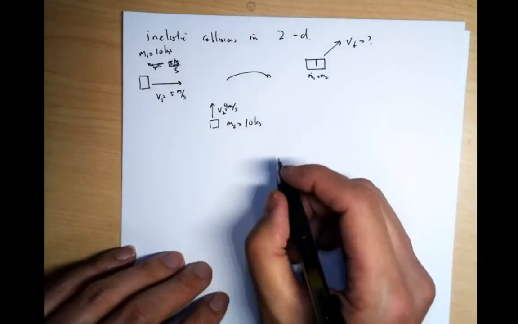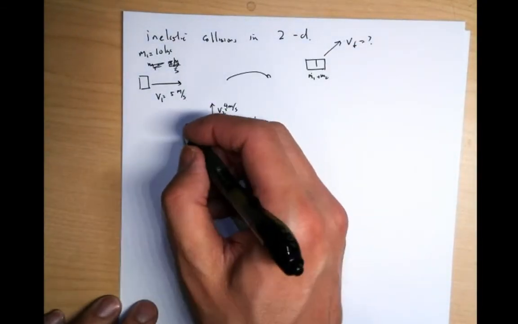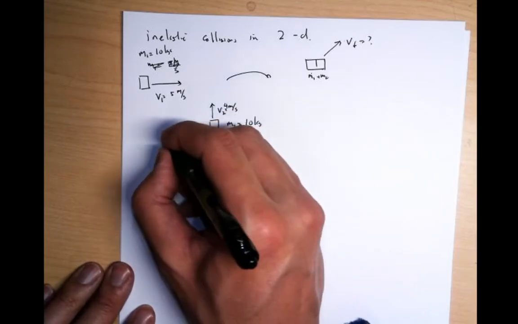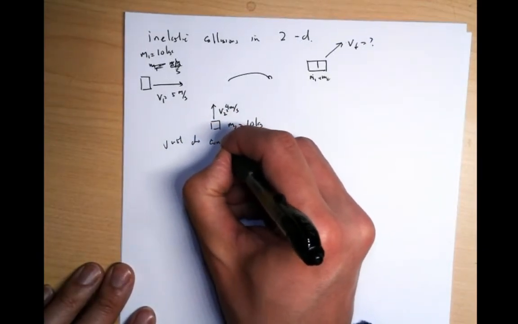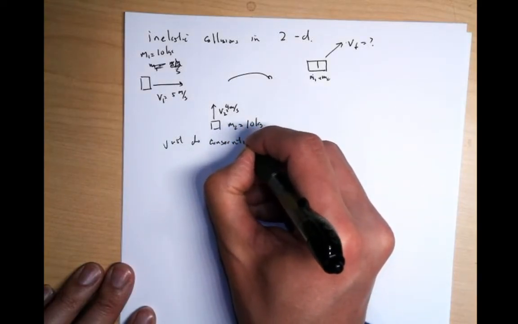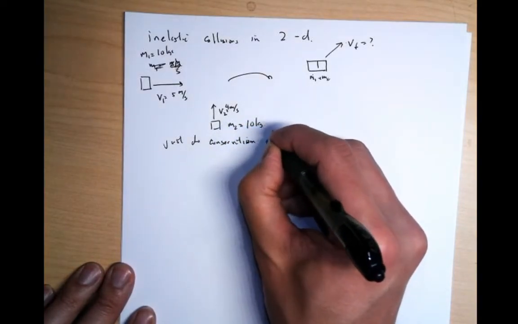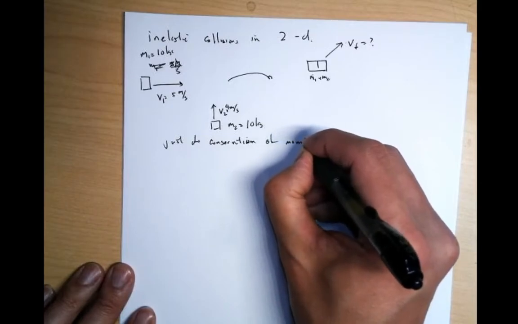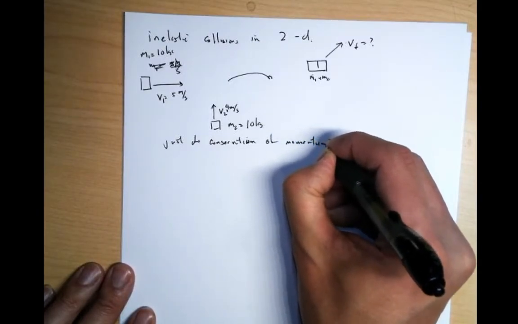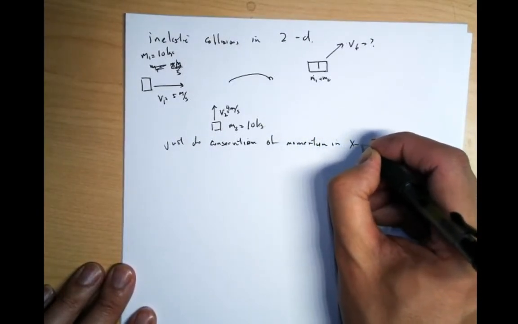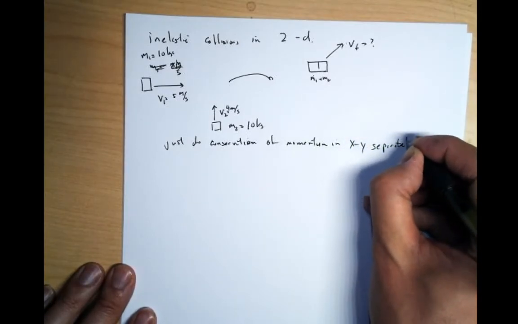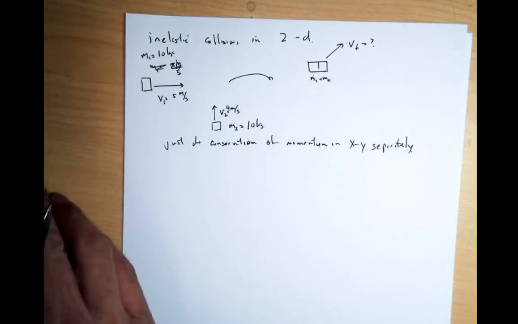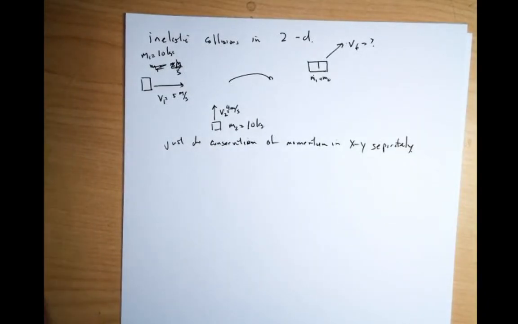In 2 dimensions, you just do it by component: conservation of momentum in X and Y separately. Let's do an example here.